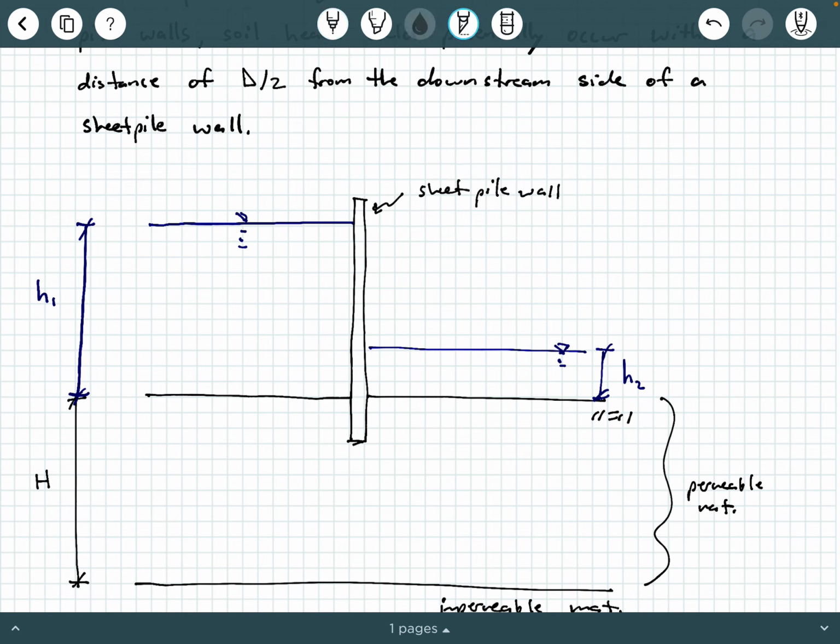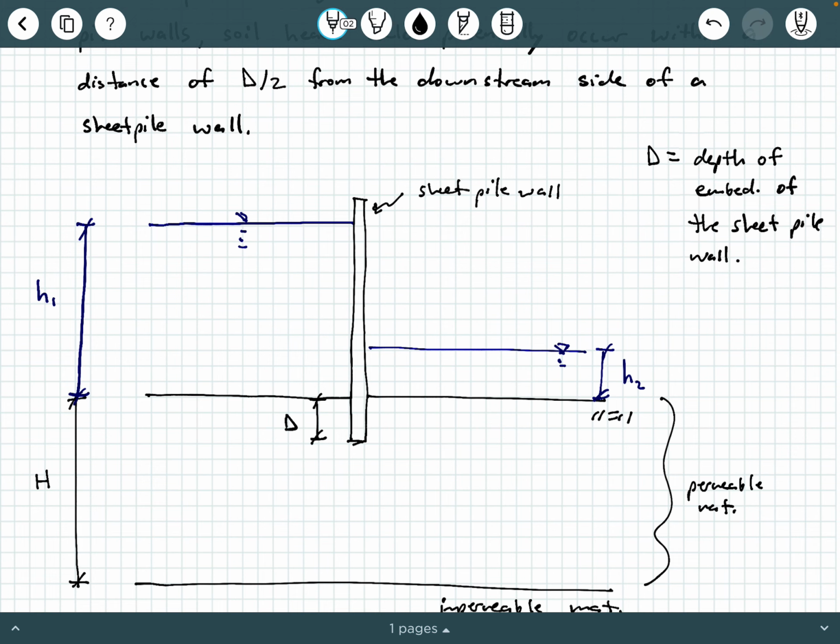Now, what is this d over 2? We're saying that heave could occur at a distance of d over 2. Well, d is going to be the depth of embedment of the sheet pile wall, so I'll make a note on the side: d is the depth of embedment of the sheet pile wall.